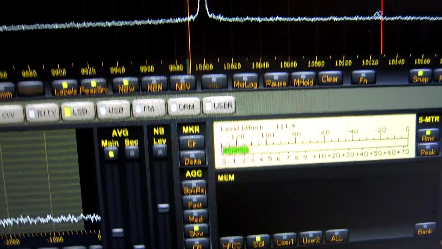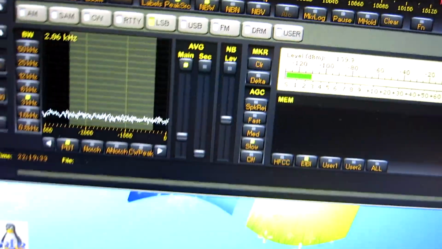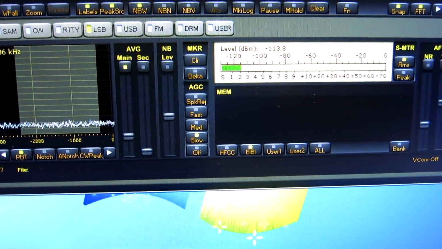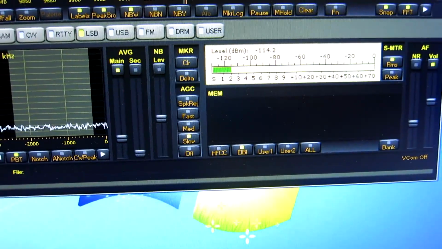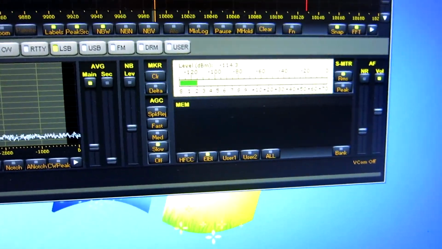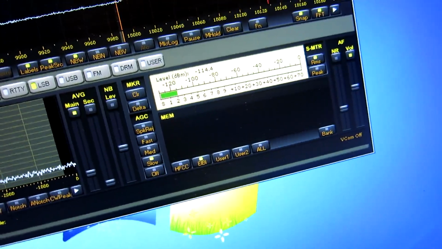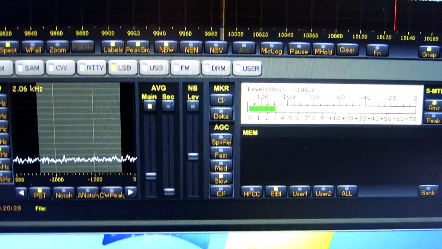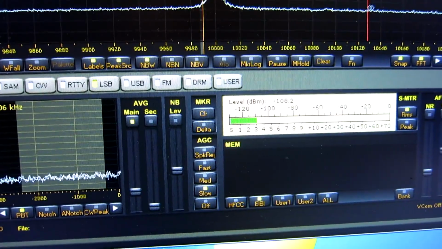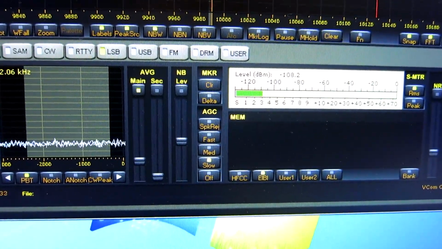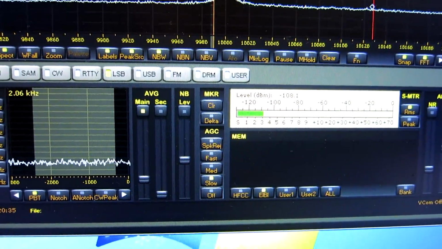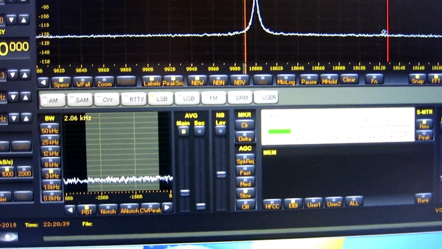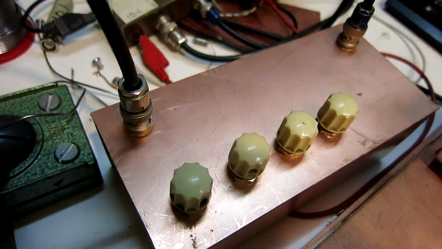And when I switch off the signal, the noise floor goes to minus 114. So that is 3 decibels. With the single section crystal filter, the noise floor is a little bit higher. So some noise comes from the signal generator.